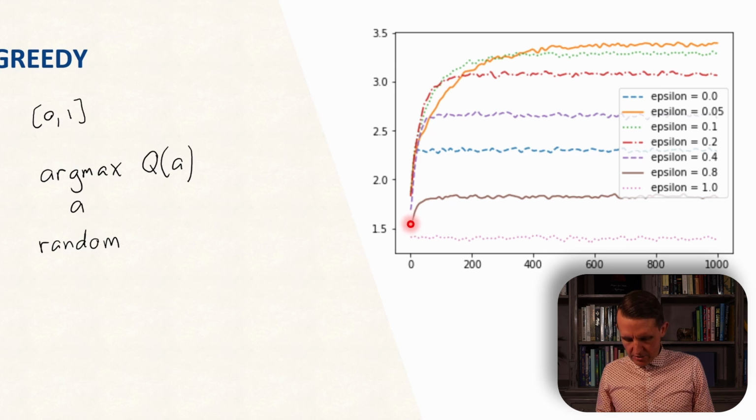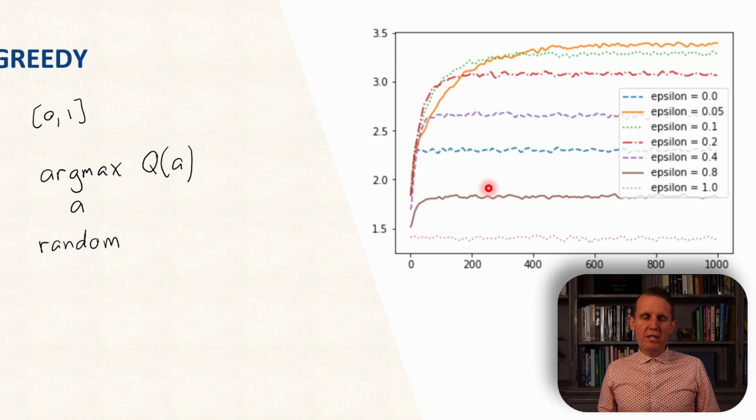Things such as epsilon at 0.8 choose random actions far too often to learn anything useful. So in this case, you can see at around step 40 or 50, the Q values are fairly well learnt by this algorithm, but at 0.8 they're not exploiting enough.